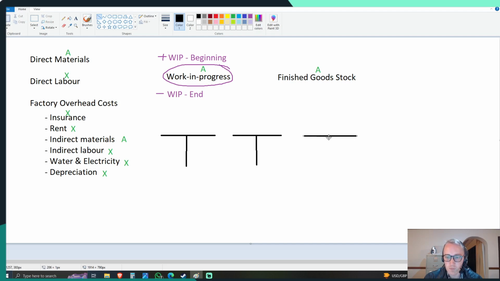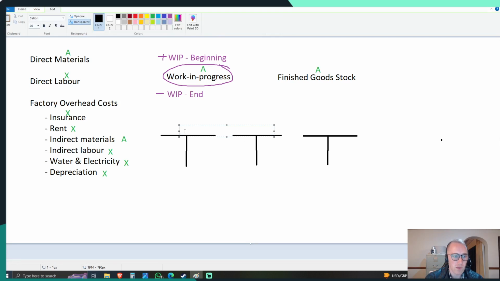So, as you've done before, we are going to have to put these materials into the T accounts. Let me give you a couple of examples. Let's use the factory overhead costs. I hope you don't mind if I abbreviate it into FOC.